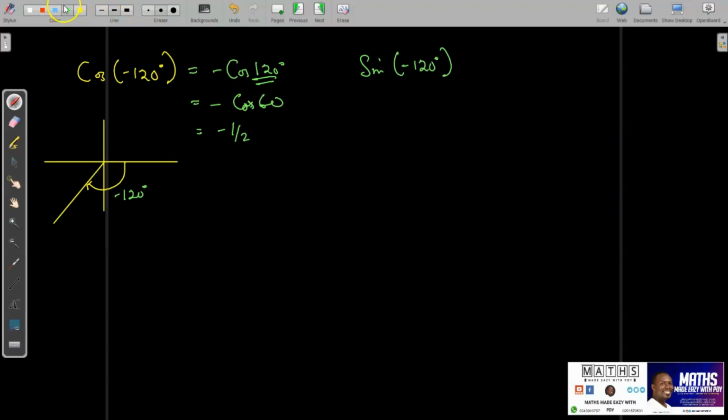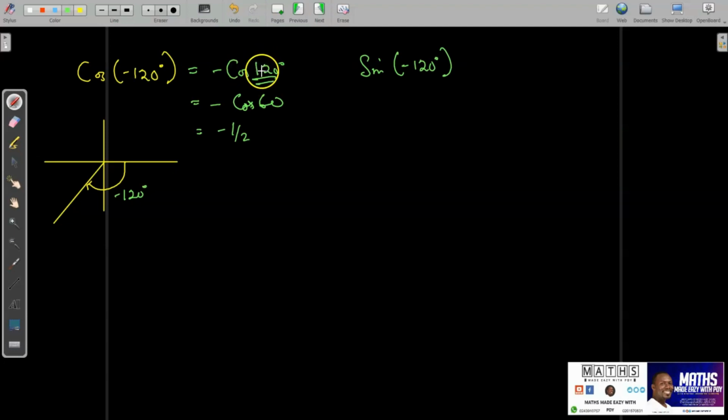If this might confuse you, then you can go straight ahead and say that cos of negative 120 degrees must be equal to negative cos of that angle, and that angle is 120 degrees.